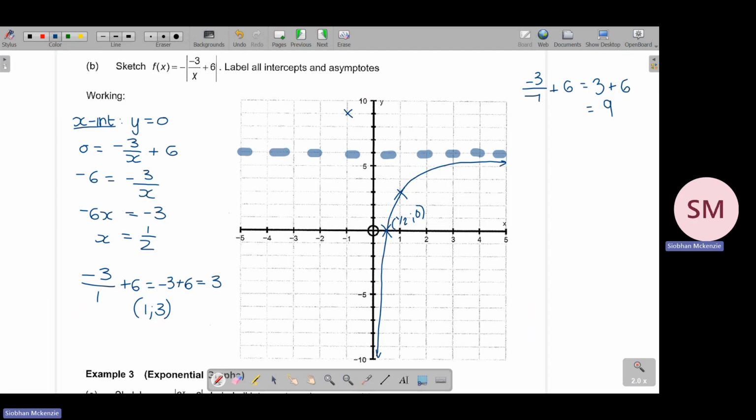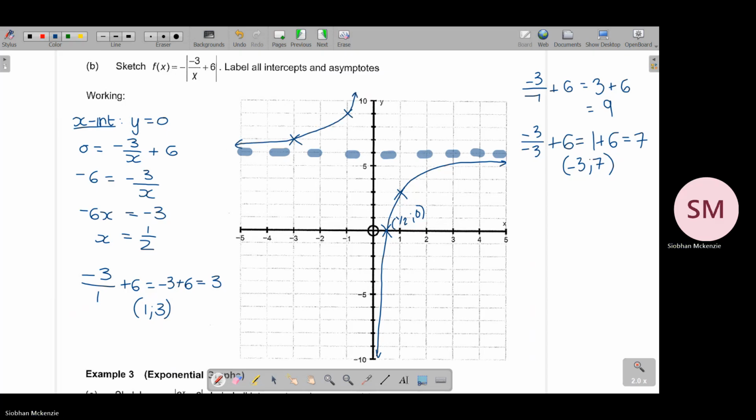There's no real nice value. Let's substitute in minus 3. So if I substitute in minus 3, I've got 1 plus 6, which is 7. So minus 3 and 7. You can work with decimals if you want, but it's nicer to try to get a whole number. Okay. So that is the point minus 3, 7. Now we're going to go and join those points.